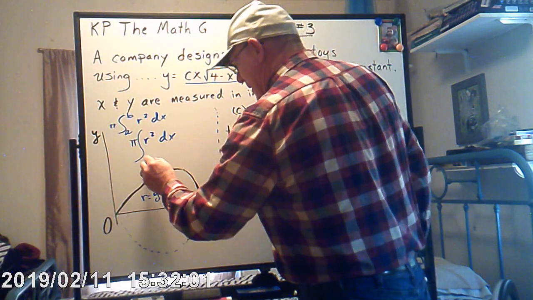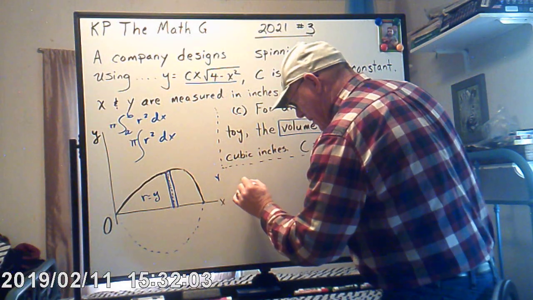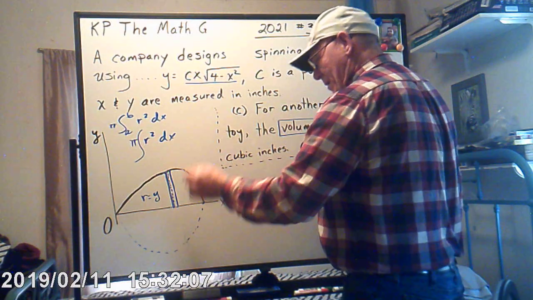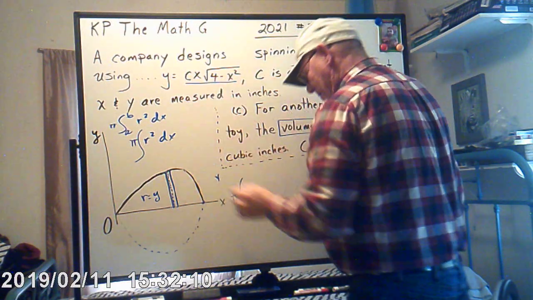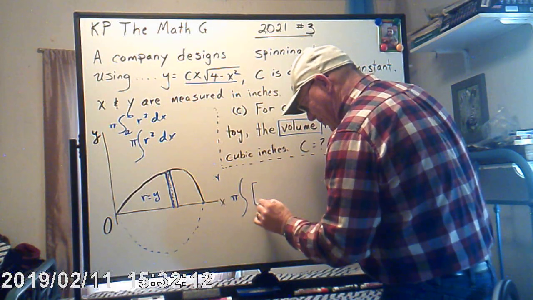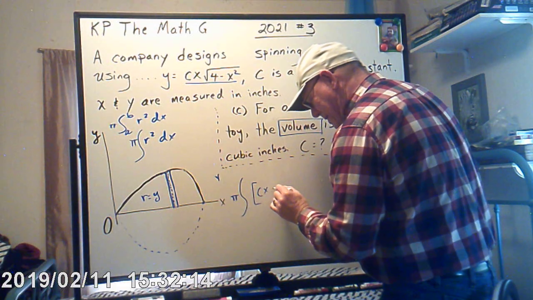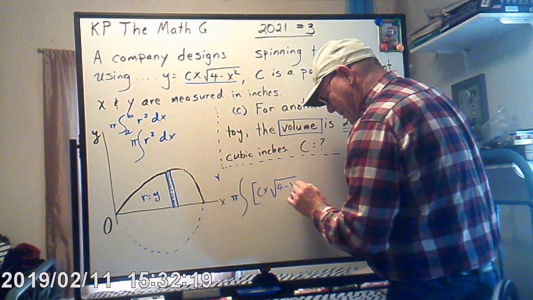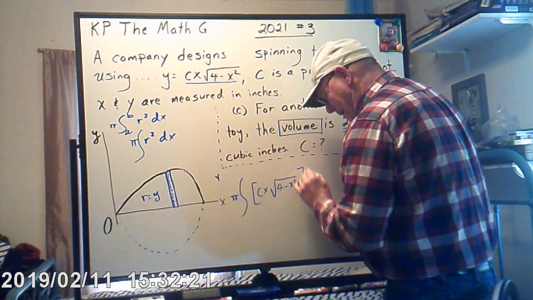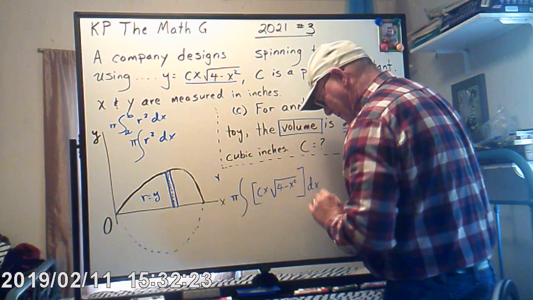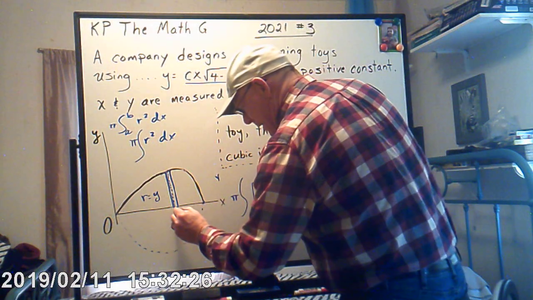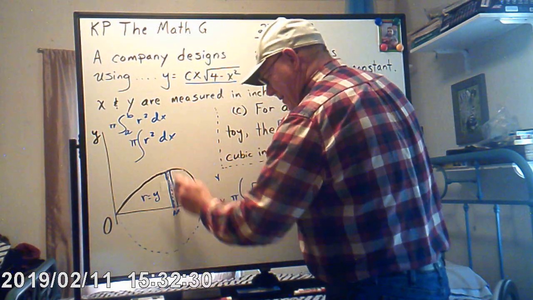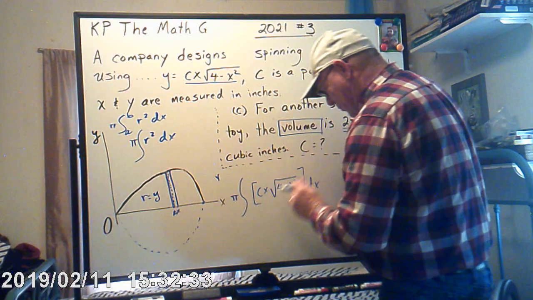A is going to be 0, but let's put it down here. Alright, so pi, we know what r is. r is y, so it's going to be all of this, c x times the square root of 4 minus x squared. Alright, and then delta x, right? And that's actually dx here.